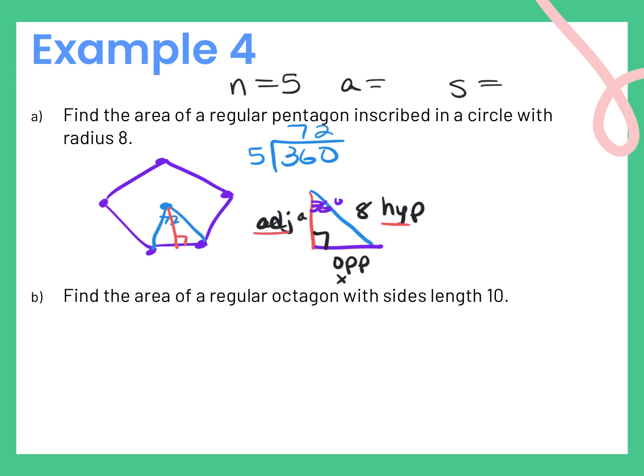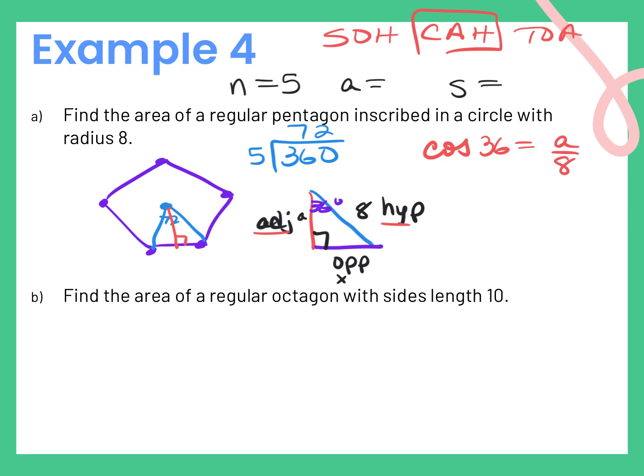I need to figure out which one uses adjacent and hypotenuse. So if you do your SOHCAHTOA, the one that uses adjacent and hypotenuse is going to be CA. So we're going to be doing cosine of 36 is equal to A over 8. We're going to solve this by multiplying both sides by 8. So you're going to multiply 8 times the cosine of 36.